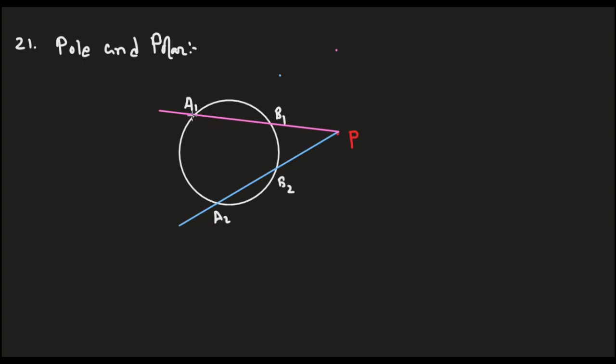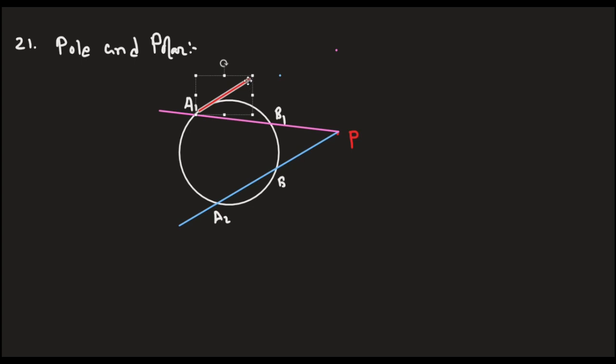So now if you draw the tangents here, the tangents will look like this. So these will be our tangents.